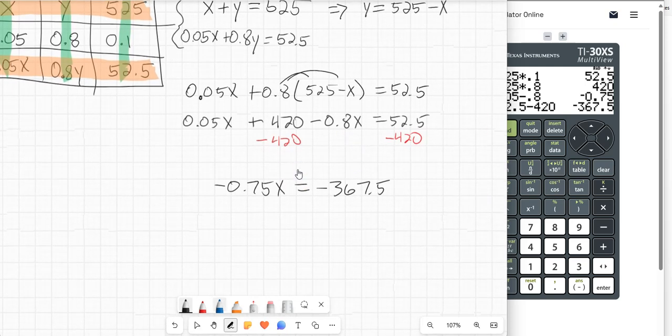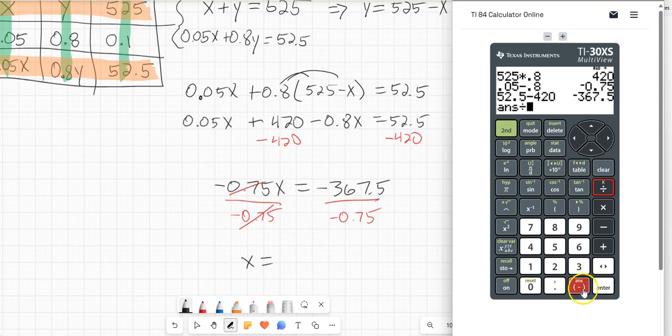And one step from solving for x, divide by the coefficient, and we have x equals, and we have the number 367.5 on our calculator, so I can just divide by negative 0.75, and x equals 490.